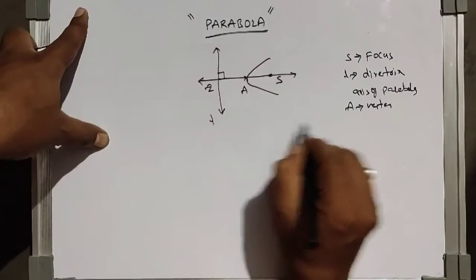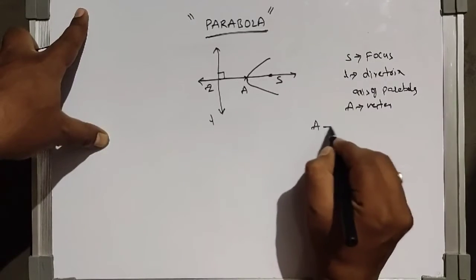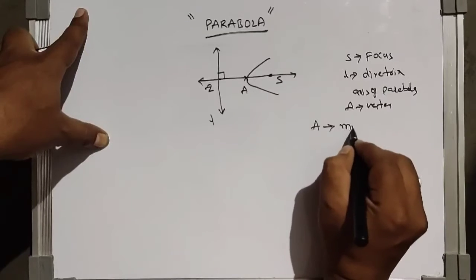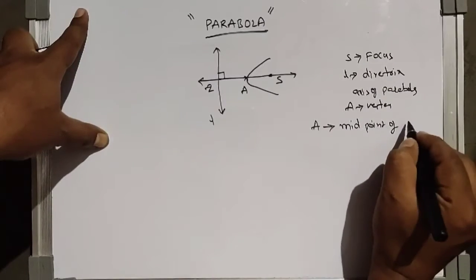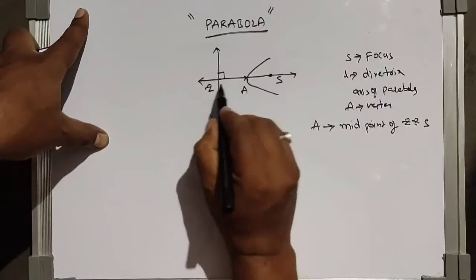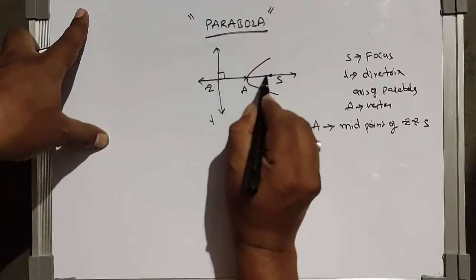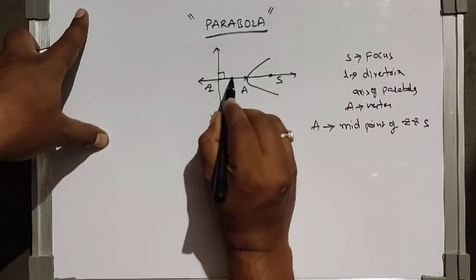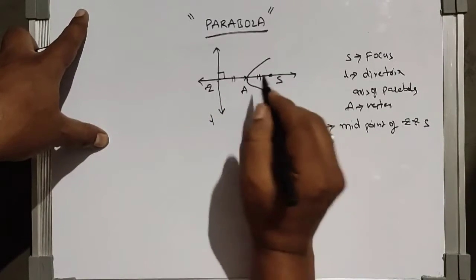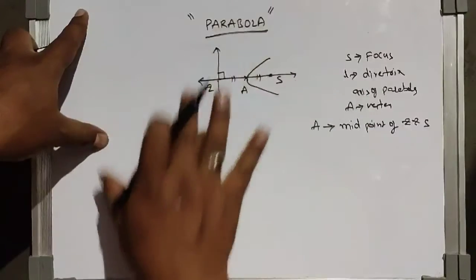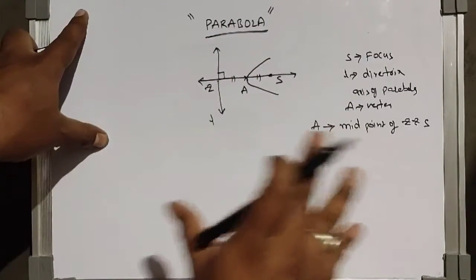So here A is the midpoint of Z and S. It means the segment ZS is divided into two equal parts by A. So these are the terms which can occur in the parabola.